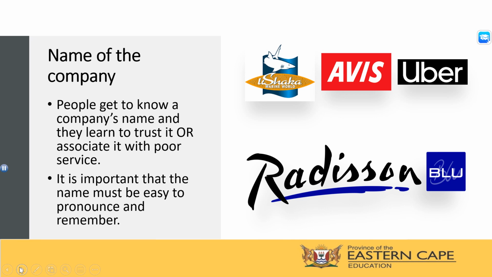You have Ushaka Marine World, Avis, Uber, Radisson Blue. Those are all names that we are used to hearing and that we have become accustomed to expecting a positive image from those companies.